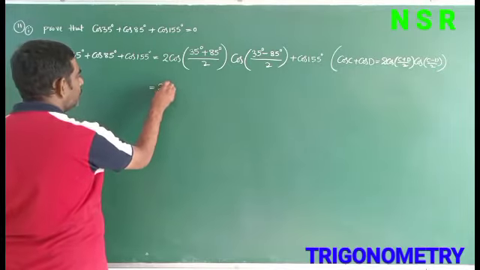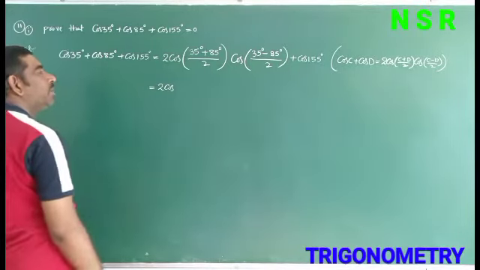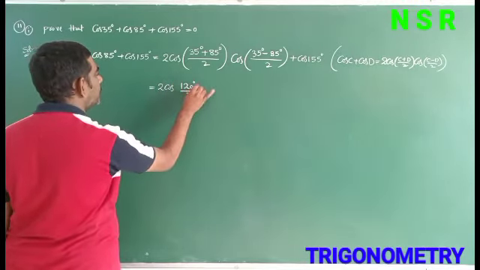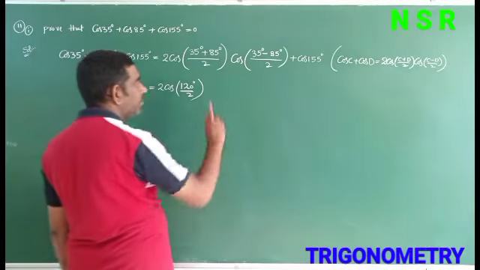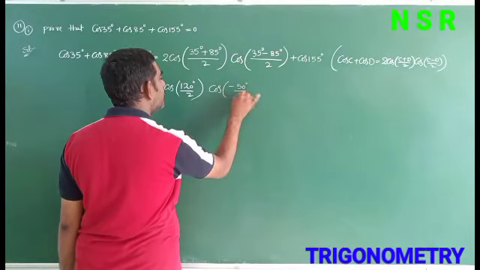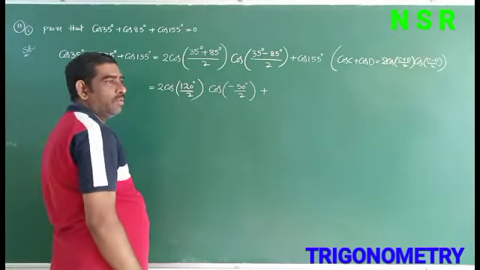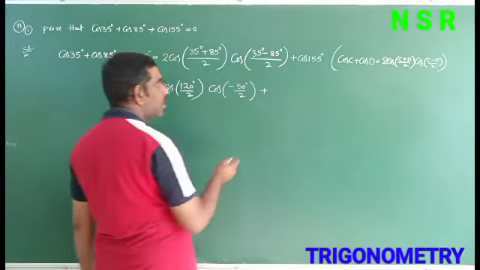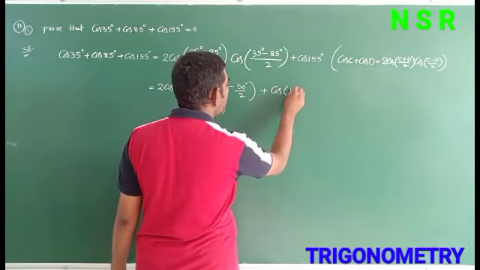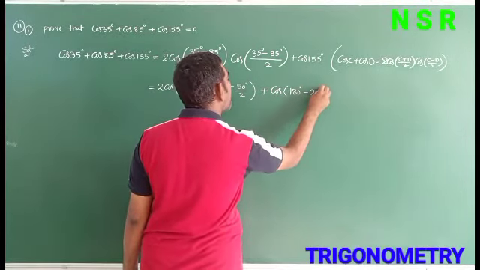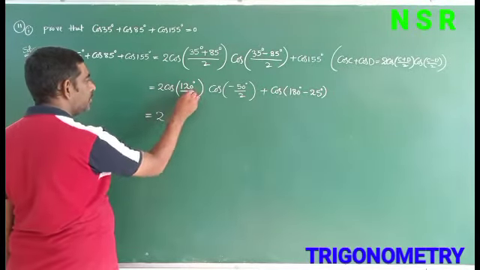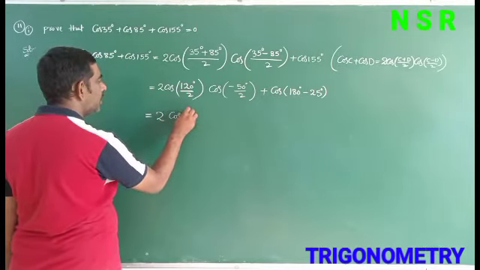Equal to 2 cos (85 plus 35) by 2, that is 120 by 2, into cos (35 minus 85) by 2, that is minus 50 by 2, plus cos 155. So cos 155 is near to 180, so we can write it as 180 minus 25. Now 2 into cos 120 by 2, 120 by 2 is 60.